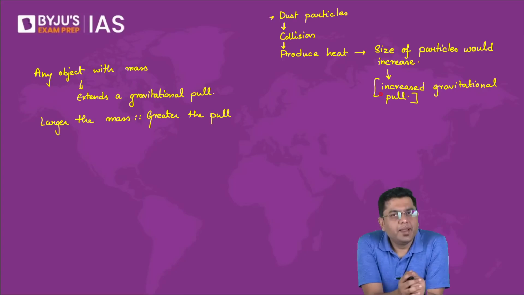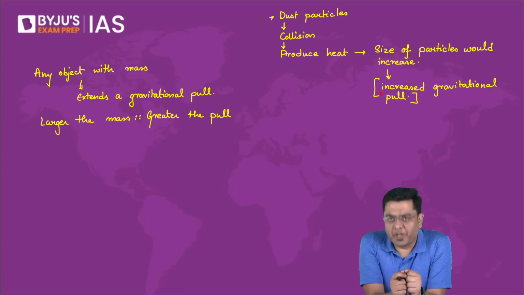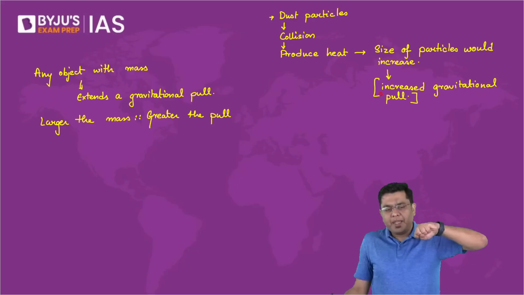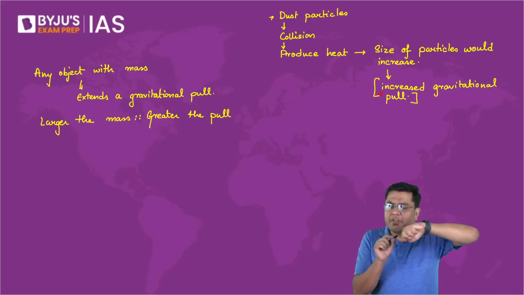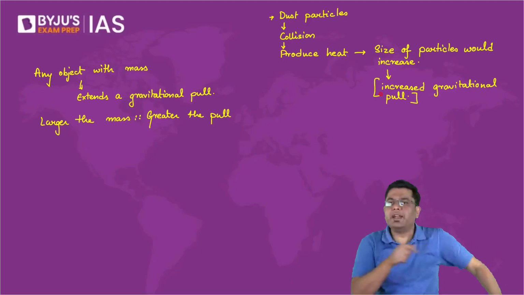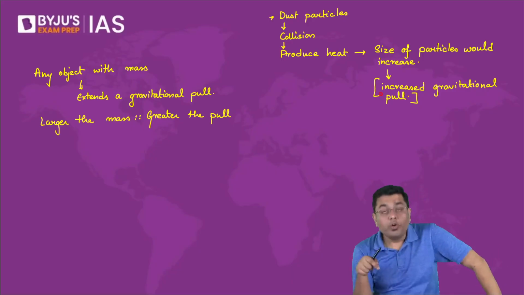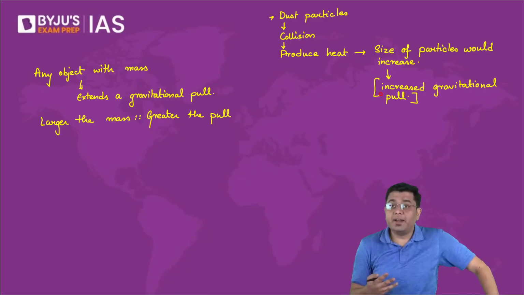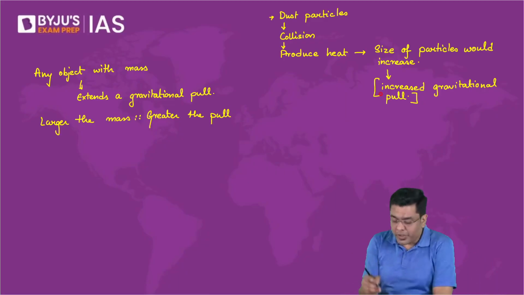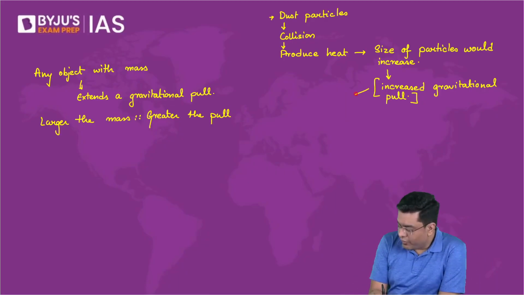Now, when you have increased gravitational pull, imagine a larger object is moving by, and you have smaller dust particles. Wouldn't it mean that these particles would get attracted? So, increased gravitational pull means more particles would be attracted. More particles would be attracted means a greater number of collisions, isn't it?